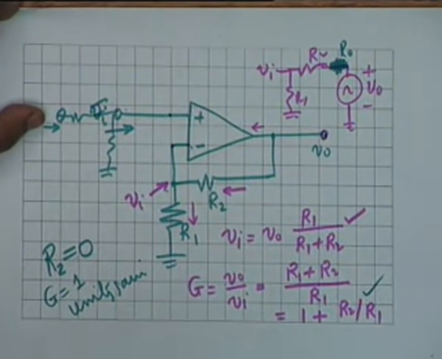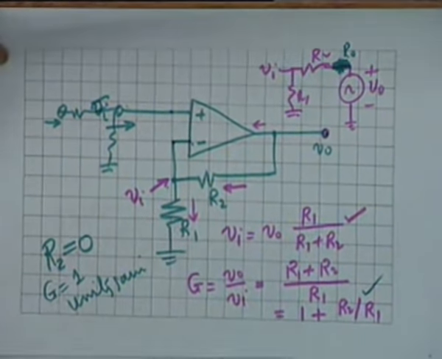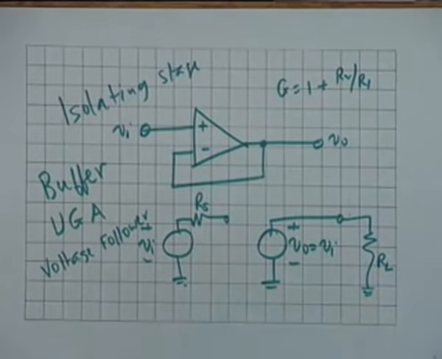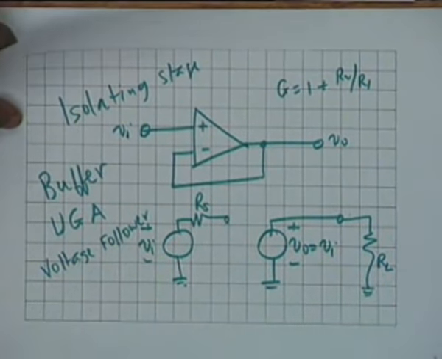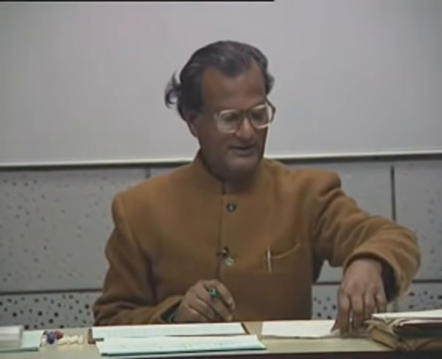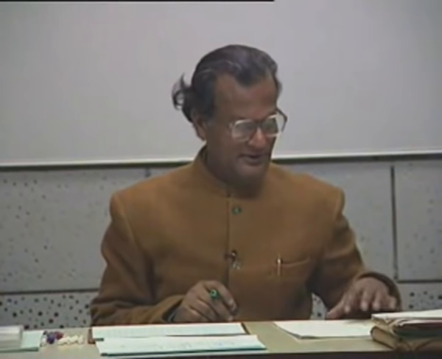But it is possible to retain infinite input resistance and also to achieve a gain which is less than 1 in a circuit which shall be experimented upon by you in the laboratory. And that is an interesting circuit. If you cannot understand it, maybe I will explain later on.